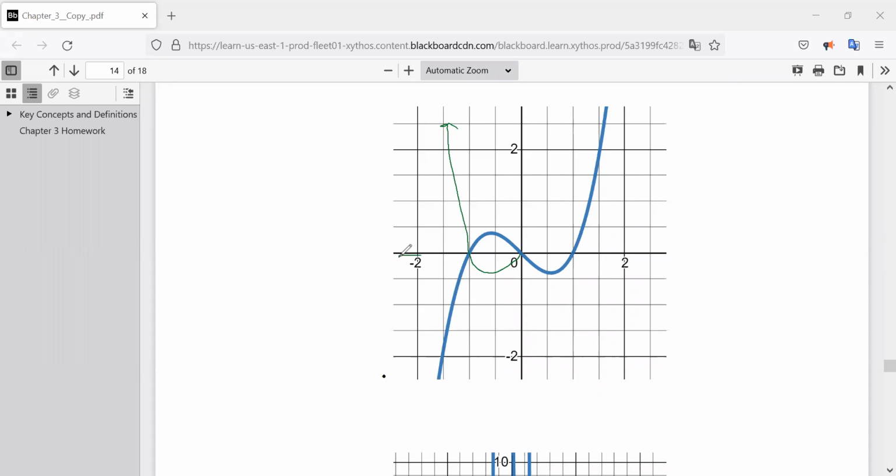And then if you flip it over this axis again, it would just end up looking like that. So it's an odd function right there. And I think that this is going to be something like x cubed minus x.